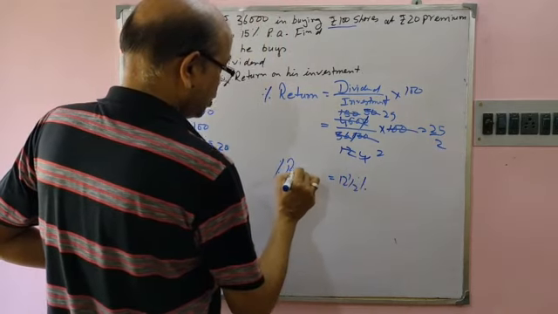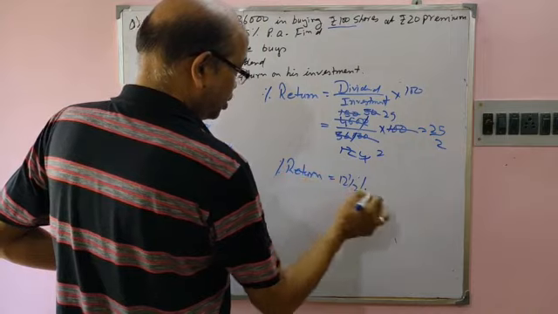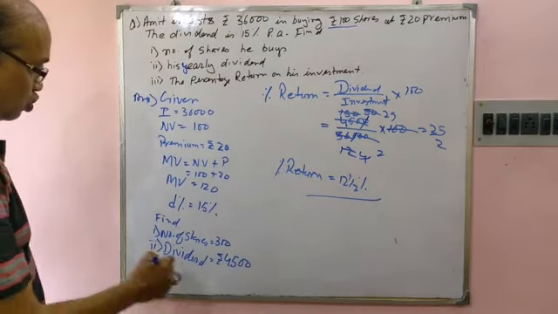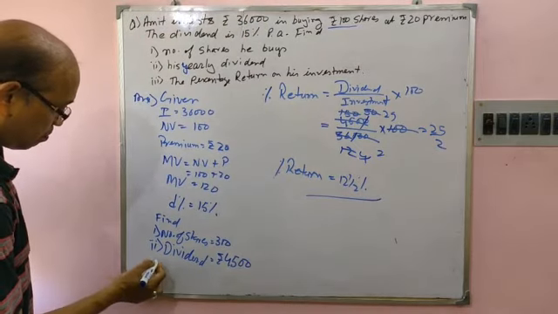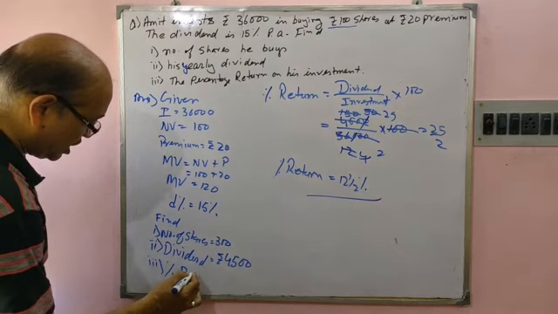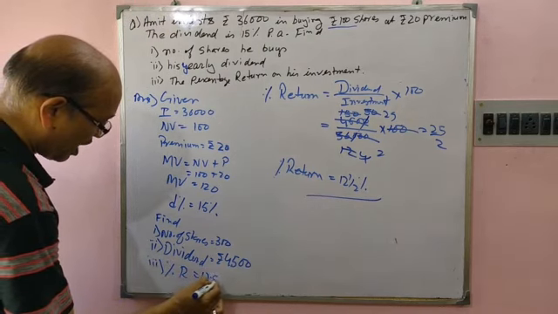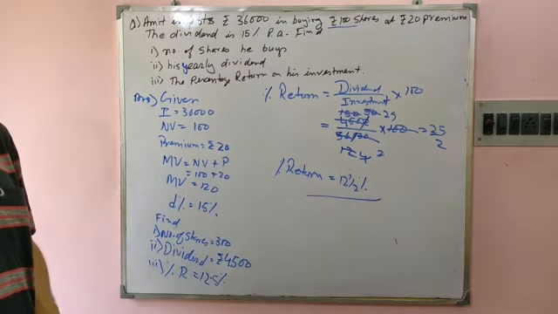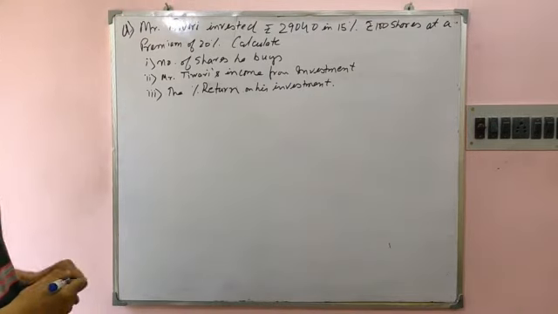Therefore, percentage return is 12.5%. So third part, percentage return is 12.5%. Clear?